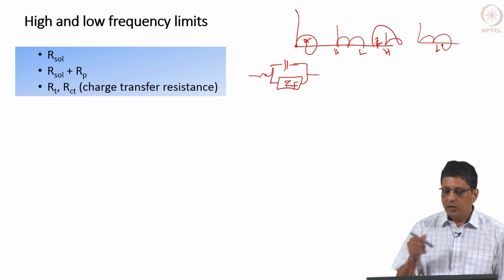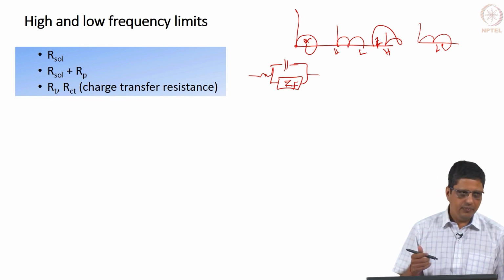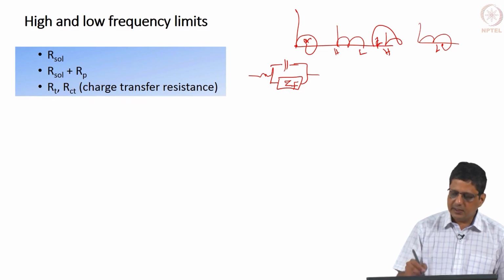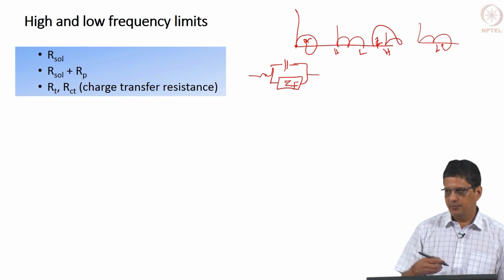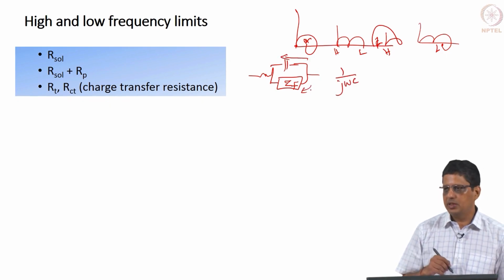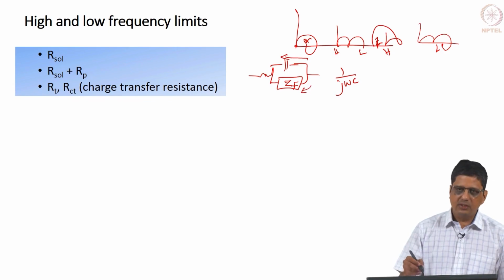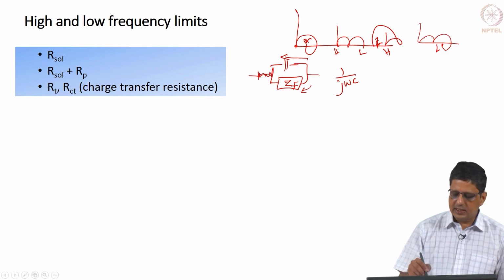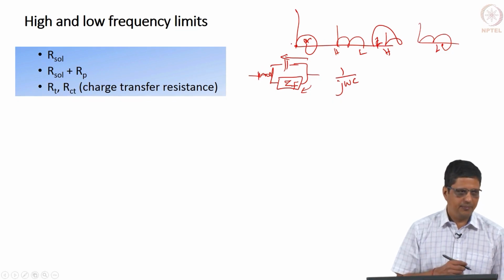When you go to very high frequency, the impedance of the capacitor will be close to 0, because it is given by 1 by j omega C. That means all the current will pass through this and not much current will pass through this. That means the only resistance offered is here. So, solution resistance will be the high frequency impedance.